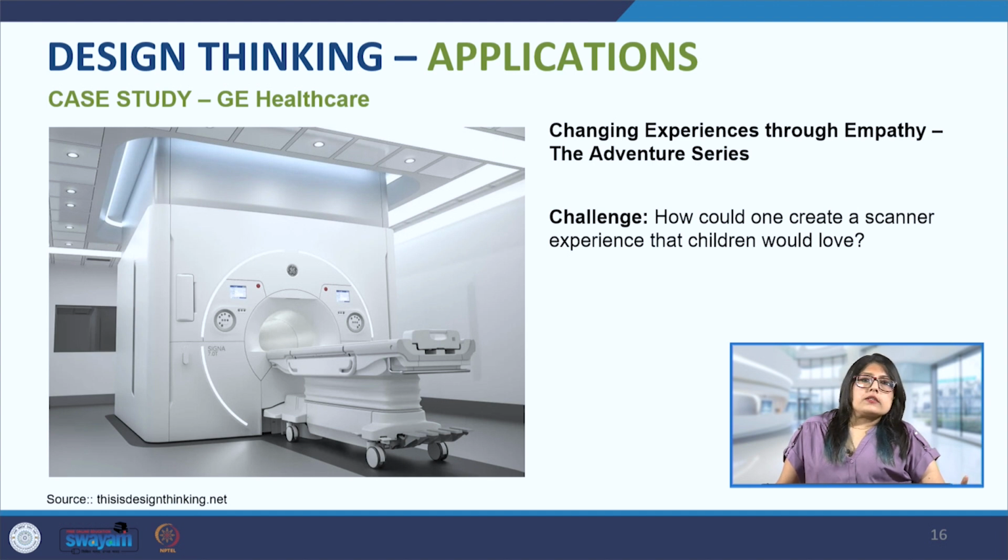If anyone has had the experience, it has basically sort of a tunnel structure, and the patient lies on a bed which enters the tunnel, which has a very compact diameter, very compact space inside.